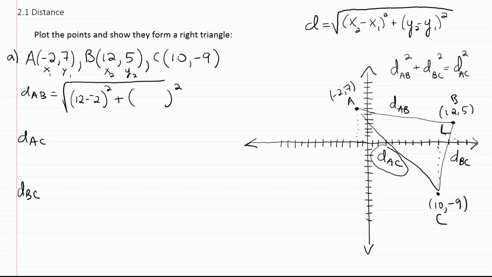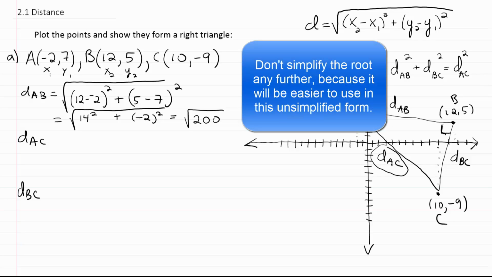The difference between the y's will be 5 minus 7. And that will simplify to be 12 plus 2, or 14 squared, plus (-2) squared. And all of that will be under the radical. And when you simplify that, you will get the square root of 200. So that's the first distance.